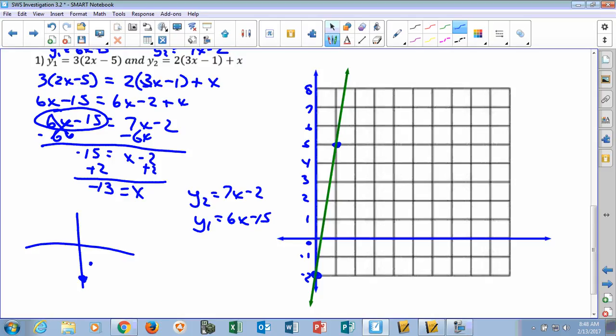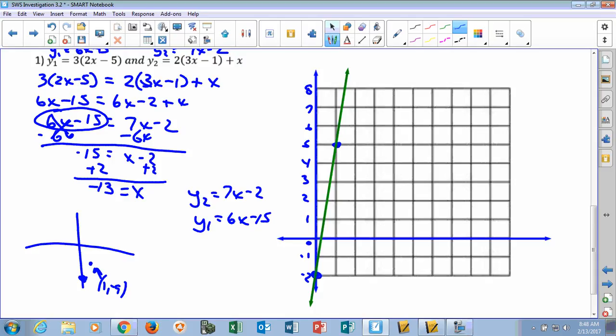What's that point? If I go up 6 from -15, -9, right? So this point here would be 1, -9. That still doesn't fit on that graph, right?